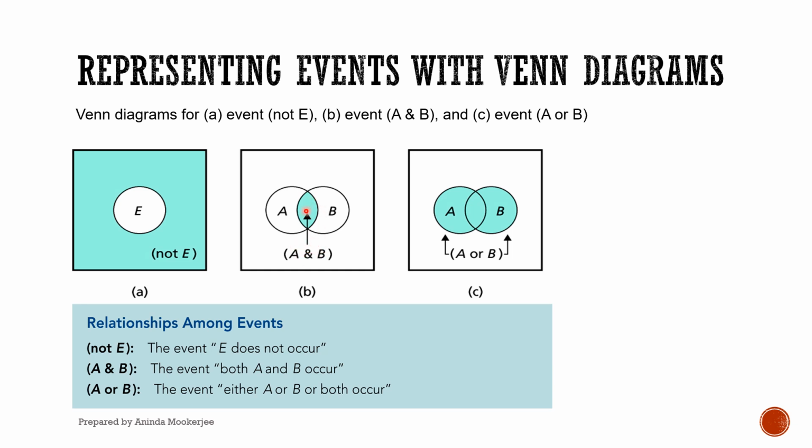So that's why they have shaded the area of intersection between the two events. And finally, in this third box, they are trying to show A or B. That means everything associated with event A occurs as well as event B occurs, even the point of intersection. That's A or B. All right, so that explains the relationship among events.